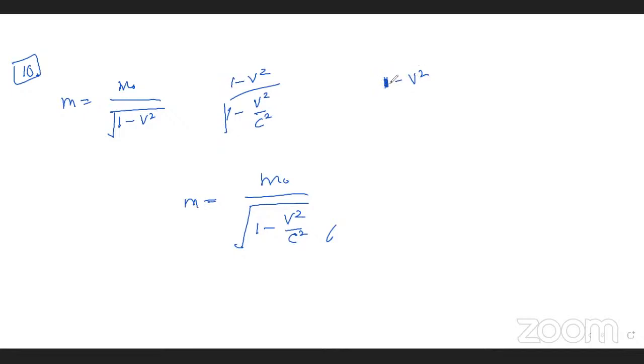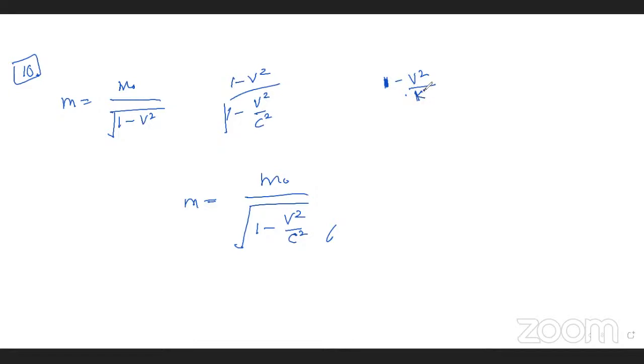If you want to subtract, both should have the same dimensions. So you need to divide v square by a quantity that has the same dimensions as v.